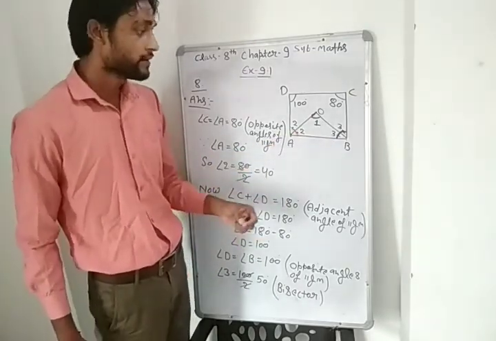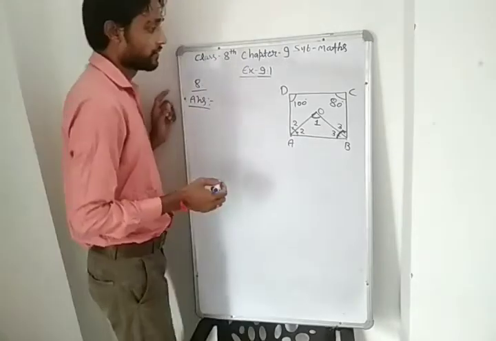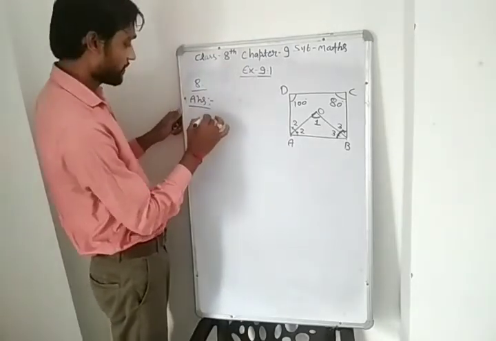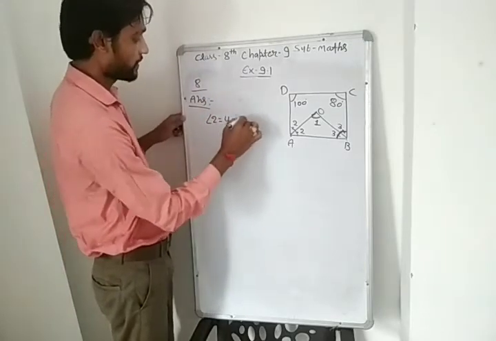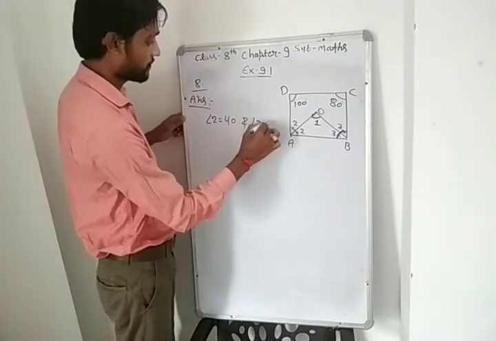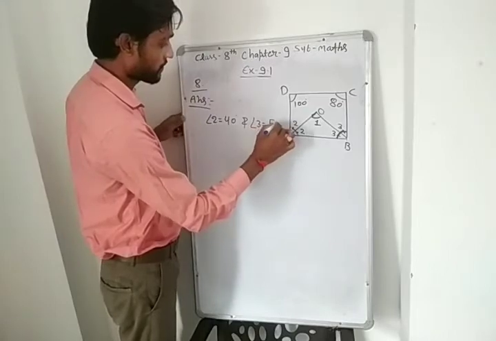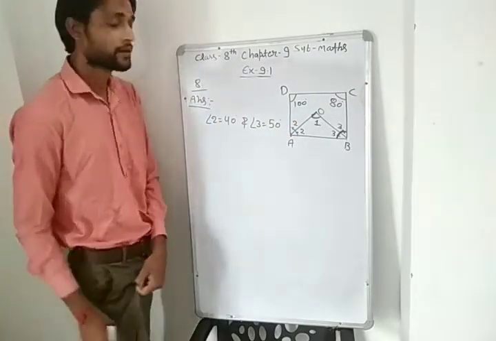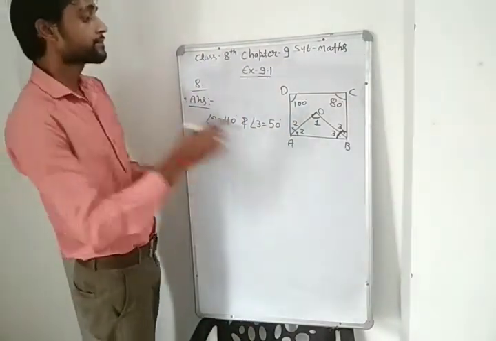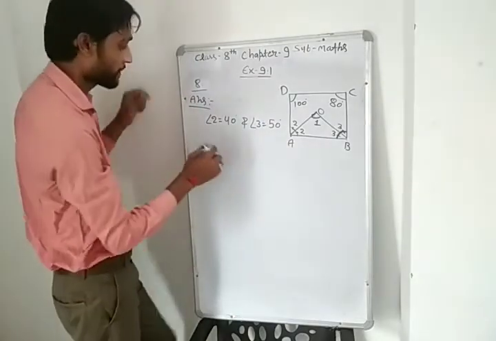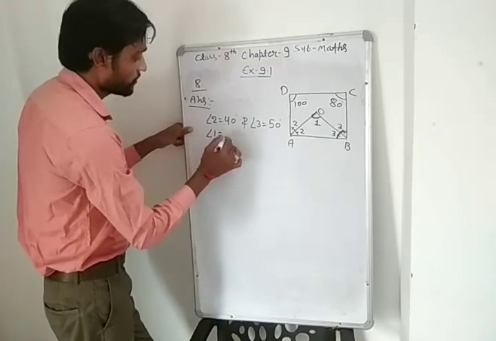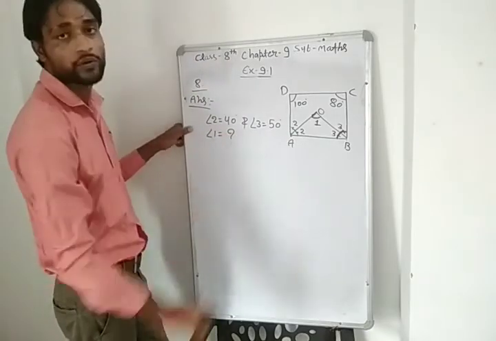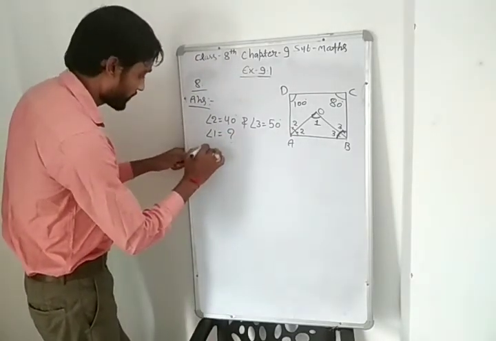You can find it easily. Let's move on. Now we have angle 2 equal to 40 degrees and angle 3 equal to 50 degrees. Clear? And angle 1 is unknown. Clear?